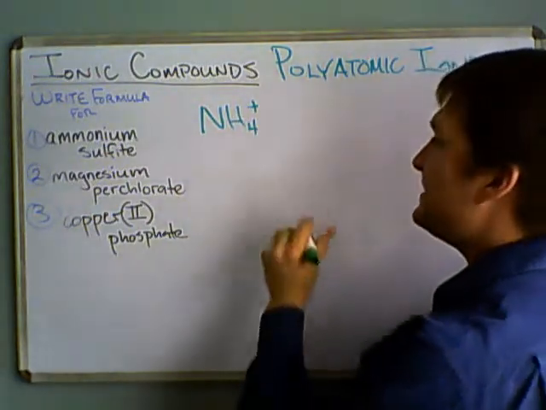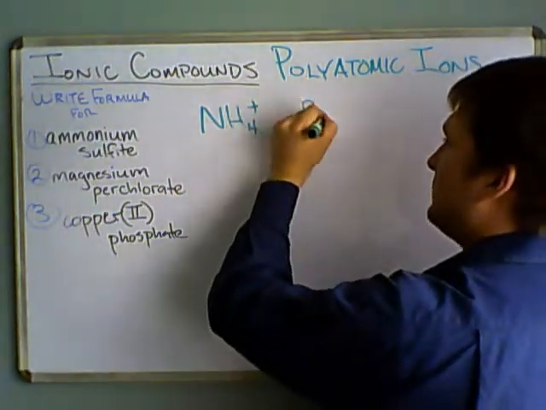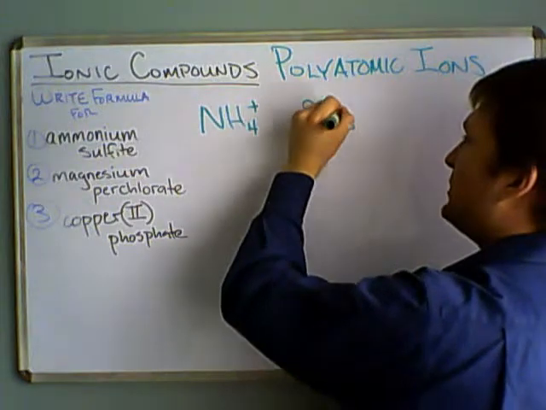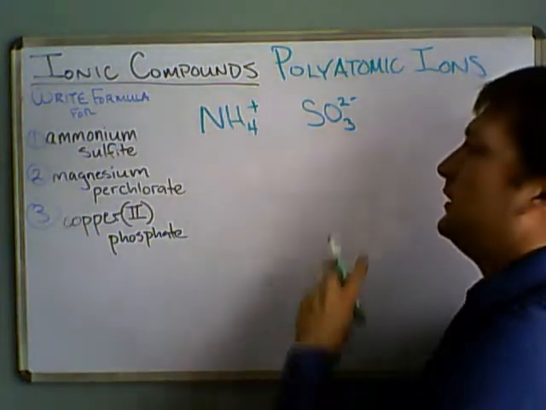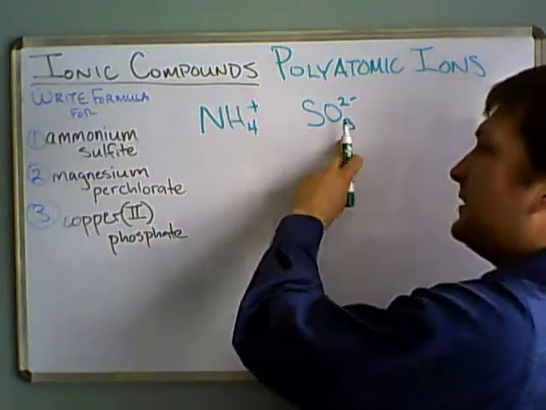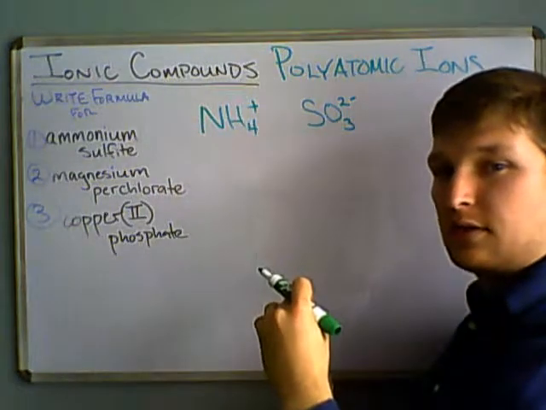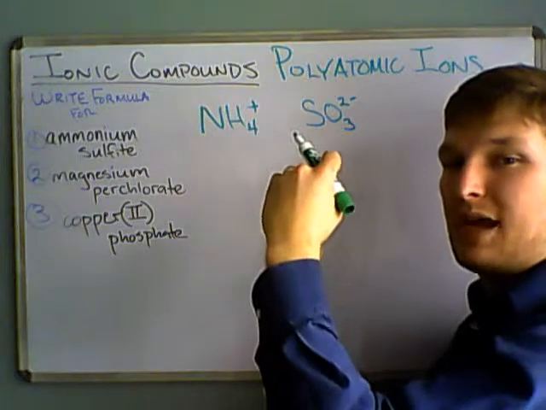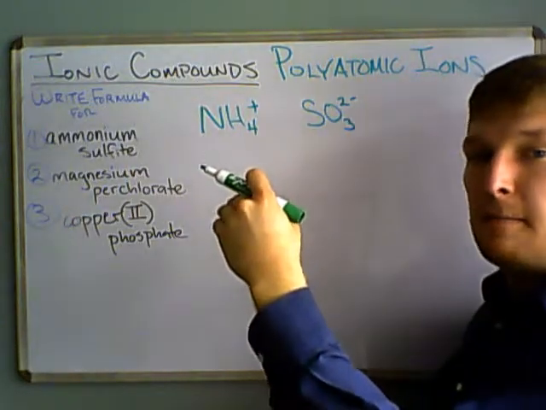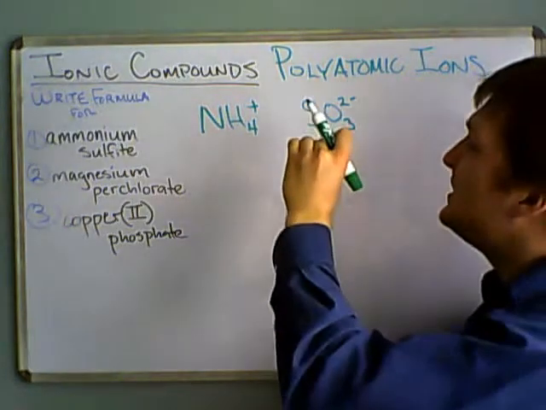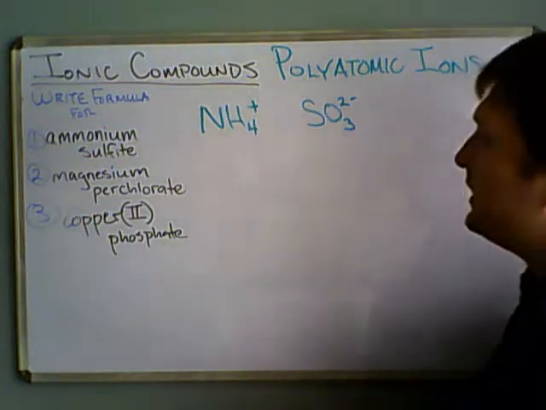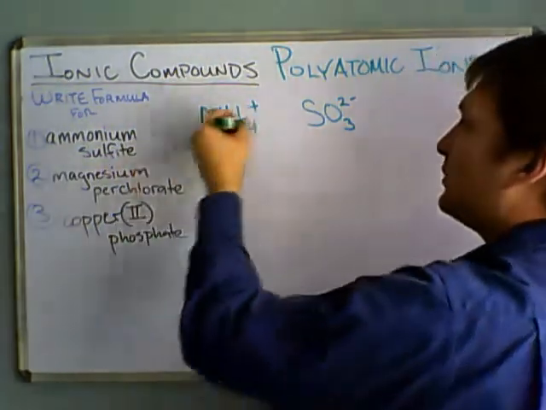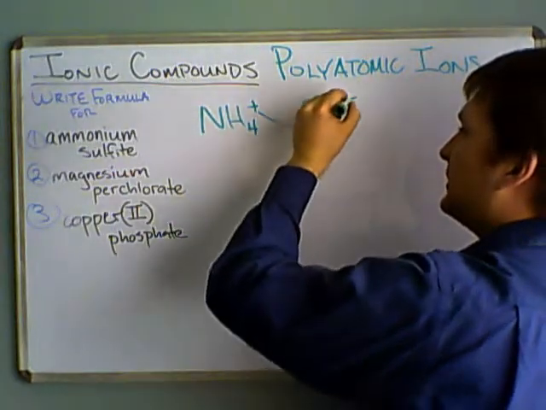Now the sulfite ion is SO3 2-. Remember, sulfite is one of the lower ones: sulfate would be SO4 2-, and sulfite is SO3 2-. Now we can use our cross trick here.